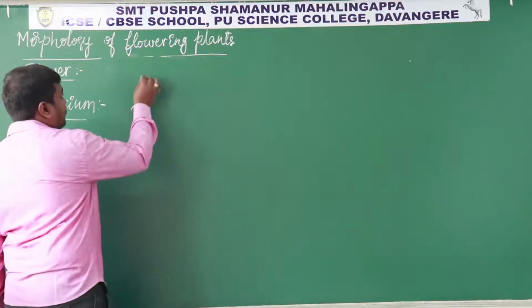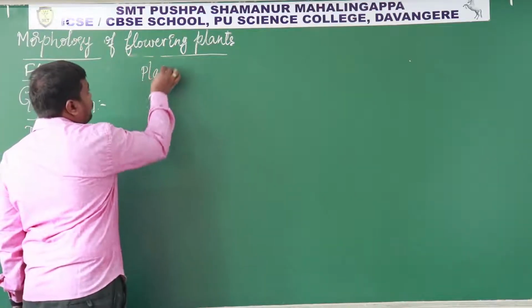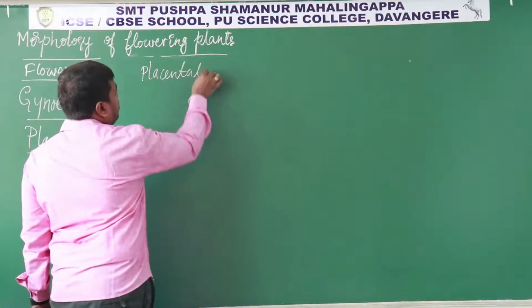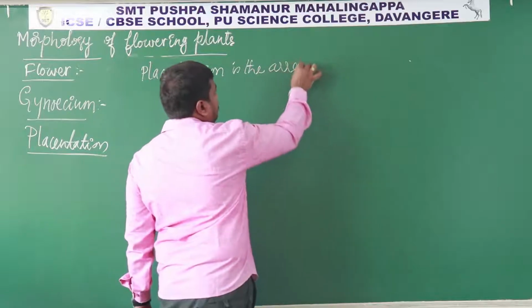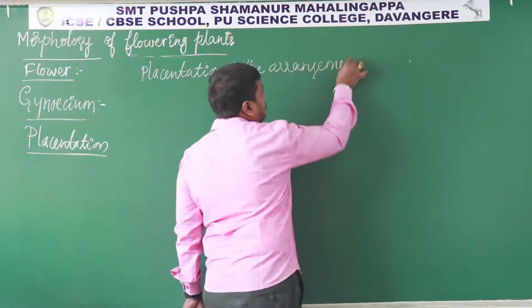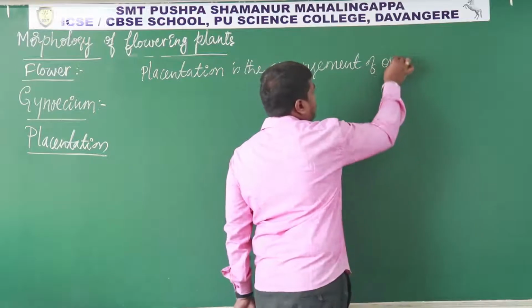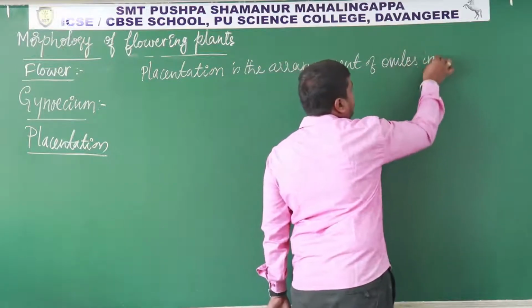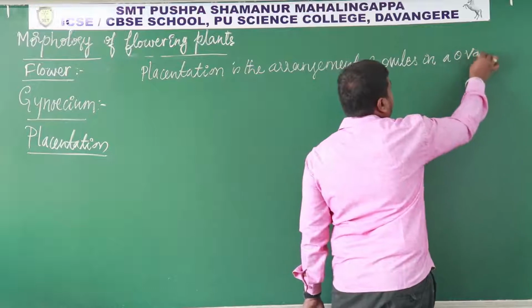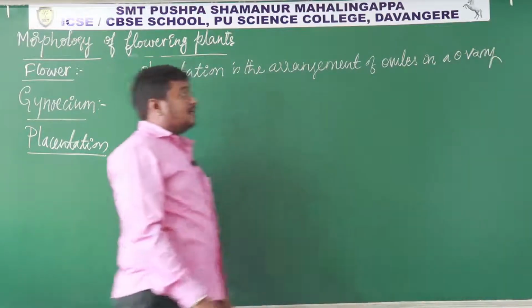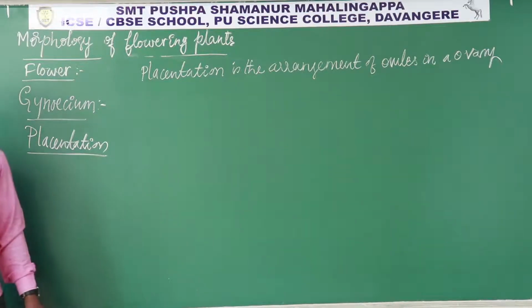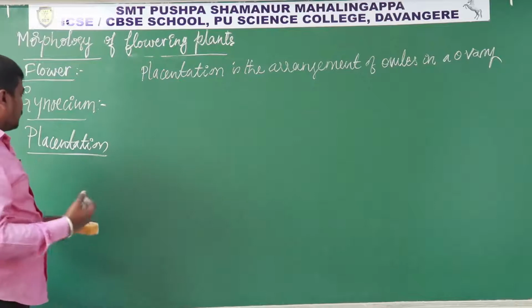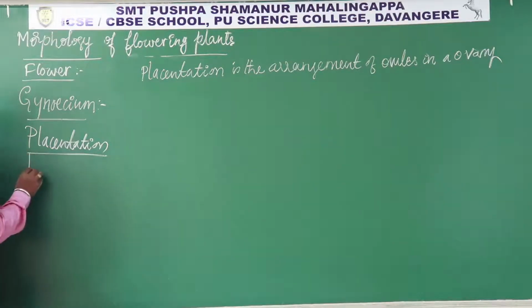So placentation, as I already told, is the arrangement of ovules in a ovary. So this is the simple definition for placentation. So based on how the ovules are attached, there are different types of placentation.